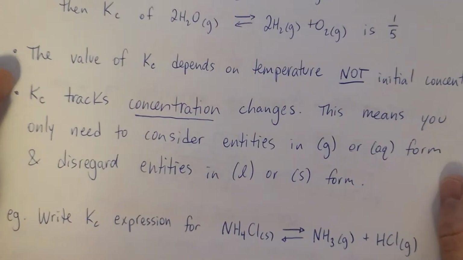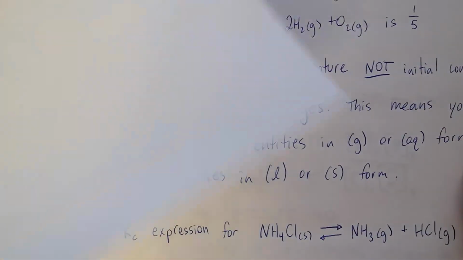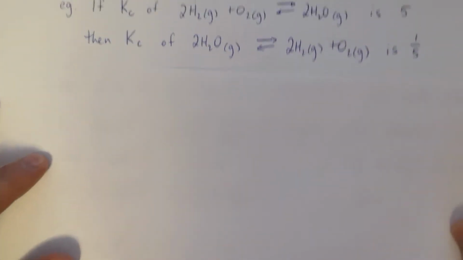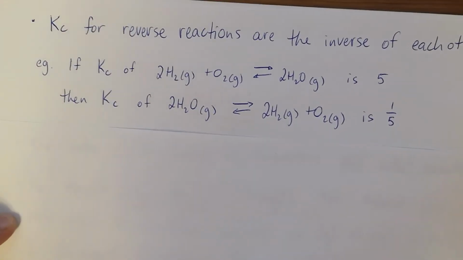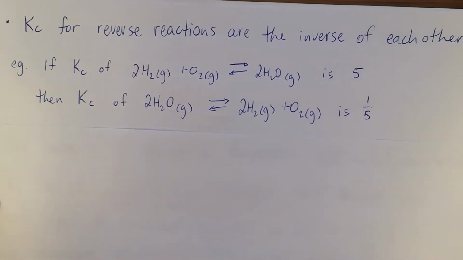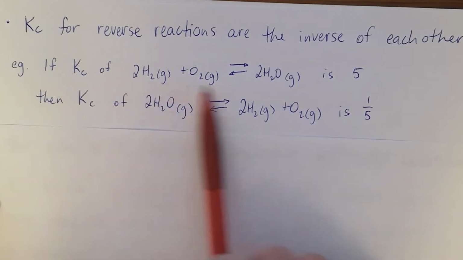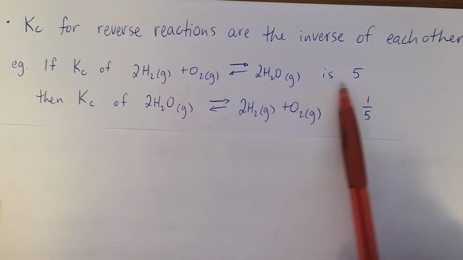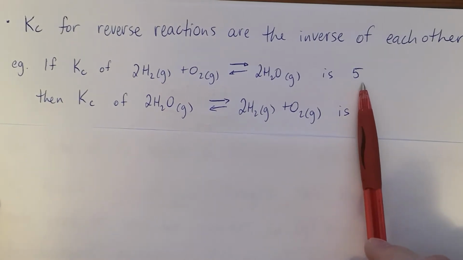Moving on, just some facts about Kc. Kc for reverse reactions are the inverse of each other. I will absolutely ask you a question like this, where you need to know this to get it right. Say this reaction has a Kc value of 5.